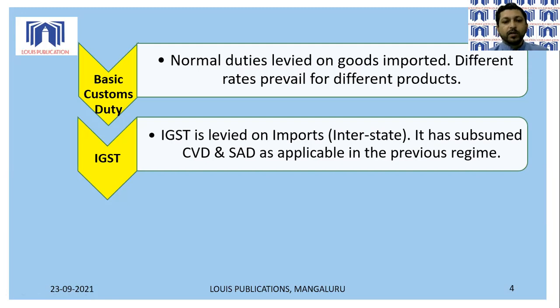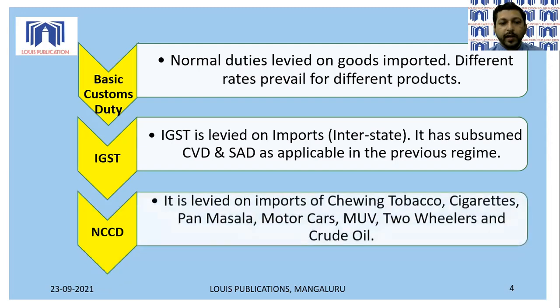But one important thing is countervailing duty still continues to haunt, I should say, still continues to appear when we are solving problems on customs duty, for the simple reason that it applies on goods which are not under the purview of GST. We will talk about that. So that's about IGST. So imports into India is treated on par as interstate supply, and IGST will be leviable at the normal rates prevailing in the country for such products imported into India.